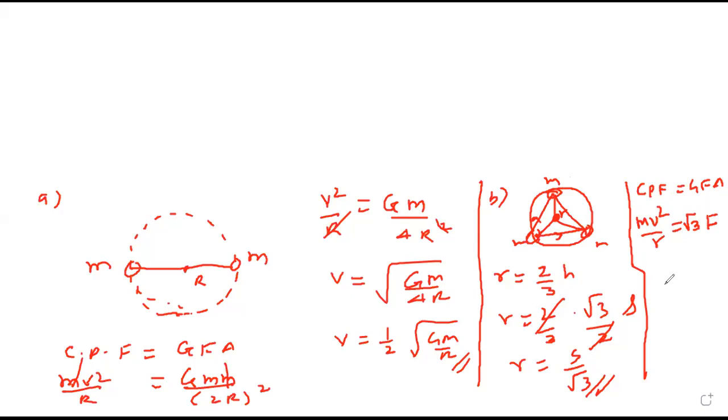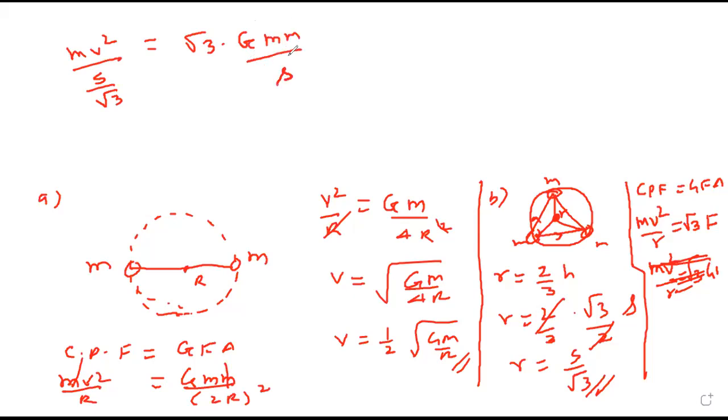So mv square by r, with r as side upon √3, is equal to √3 times G, the product of mass and square of distance between them being side square.